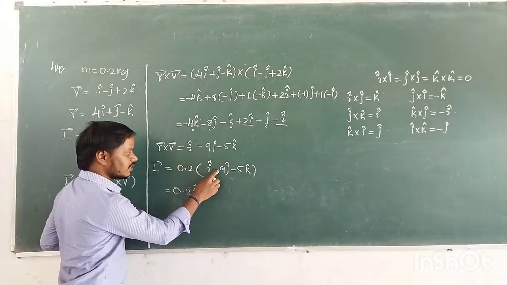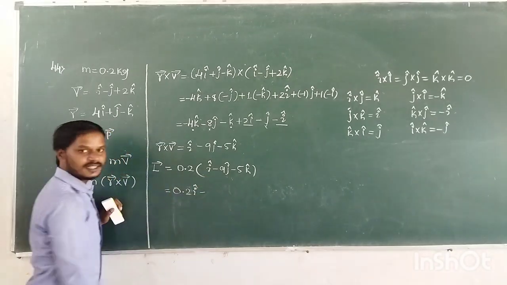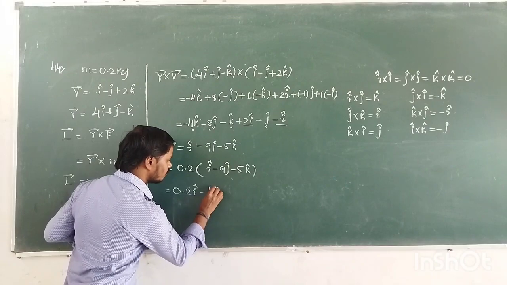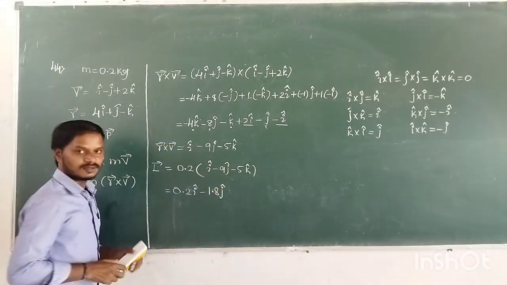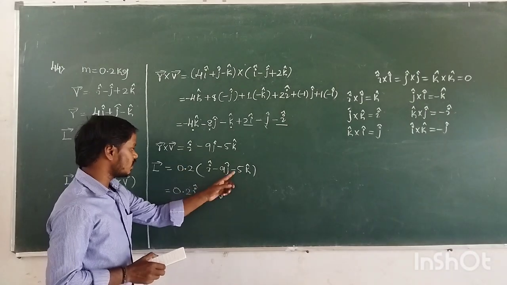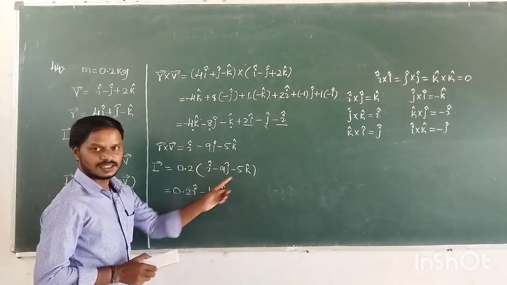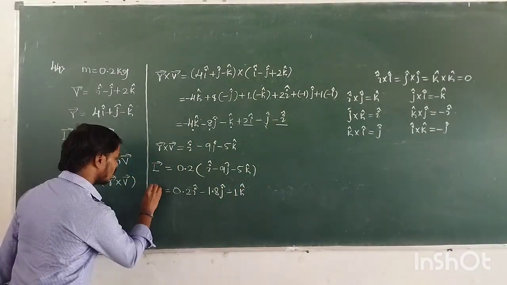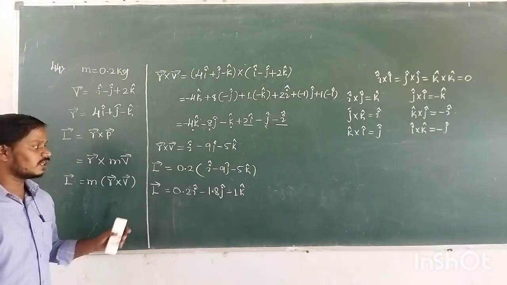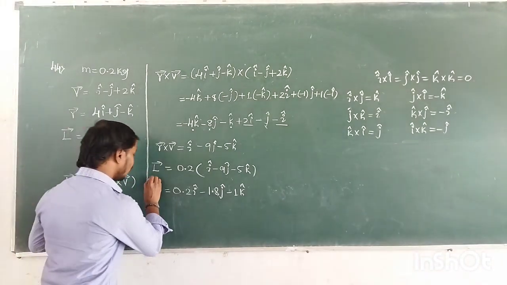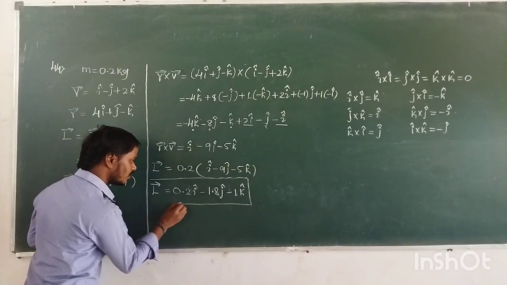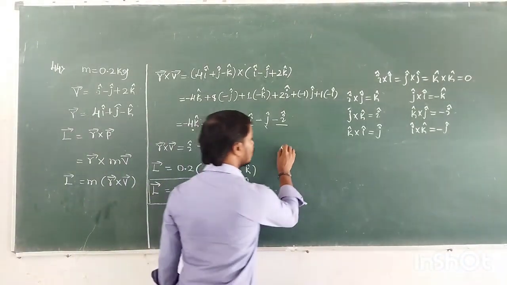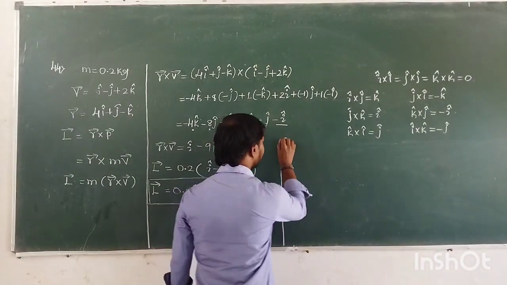Then plus into minus, minus 0.2 into 9, that is 1.8 j cap. Next, plus into minus, minus 0.2 into 5, that is 1, minus 1 k cap. Hence, this is the angular momentum. But this angular momentum is in vector form. We need the magnitude of the angular momentum, because here options are given in magnitude. Then see how to find the magnitude of angular momentum.